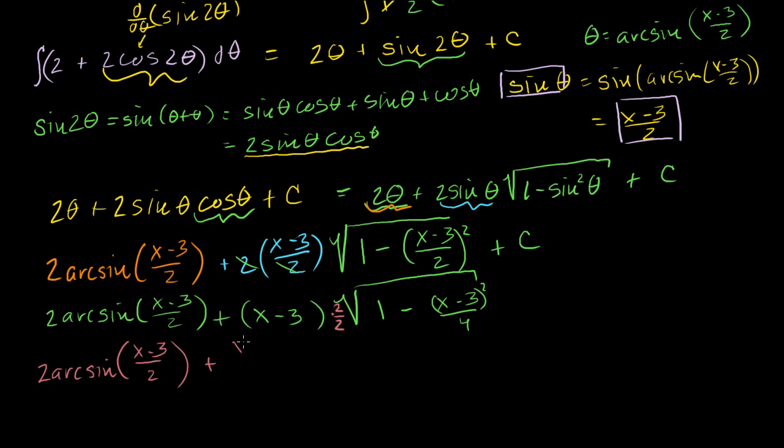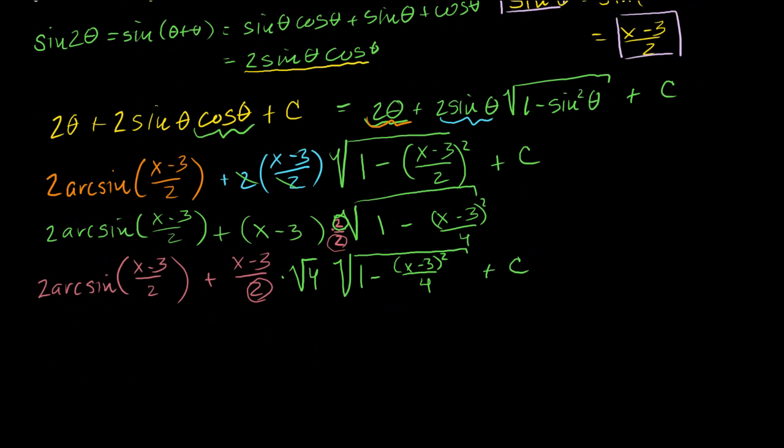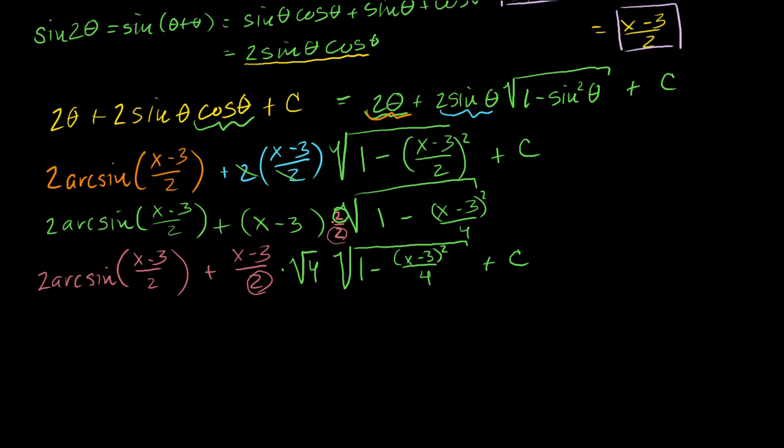So I say plus x minus 3 over 2. That 2 is that 2 right there. And then I could write this 2 right here as the square root of 4 times the square root of all of this, 1 minus x minus 3 squared over 4. And I think you see where I'm going. I'm kind of reversing everything that I did at the beginning of this problem. And maybe I'm getting a little fixated on making this as simple as possible. But I'm so close, so let me finish.